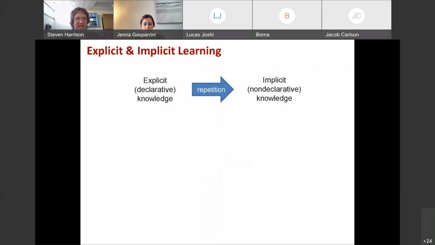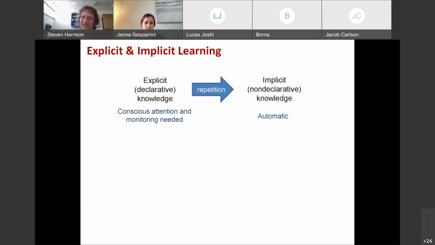One trend that we see, one rule of thumb, is that in learning to perform a task, you gain explicit knowledge, a cognitive understanding about what the task entails, and then through repetition, through practice of the task, you begin to gain implicit, non-declarative knowledge of that task.